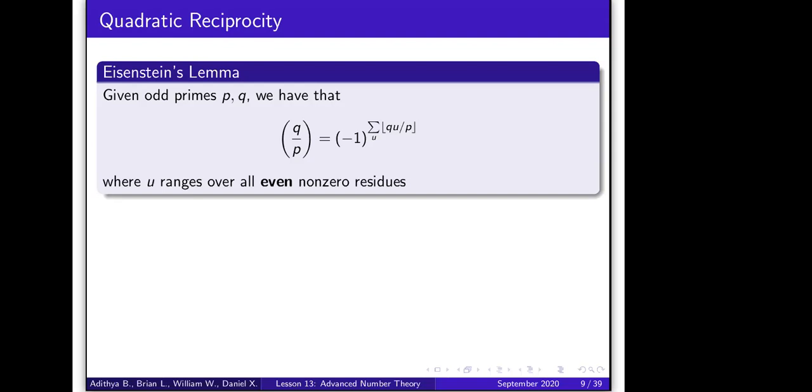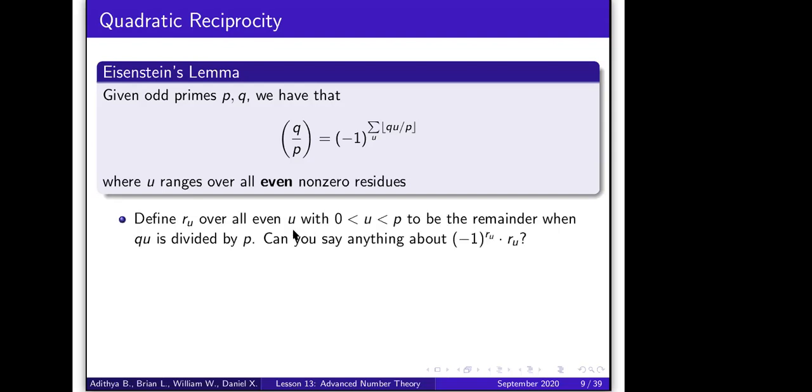To start out the proof, we are going to define R(u) to be the remainder when qu is divided by p. This is just the normal remainder, and we're going to define it over all even u between 0 and p. So first of all, can we say anything about the quantity (-1)^R(u) times R(u) for any u?